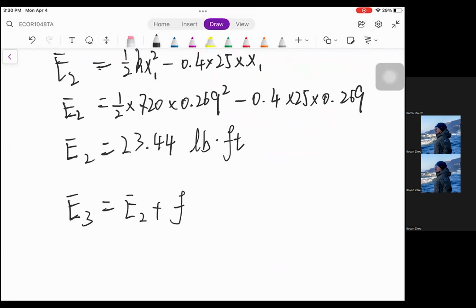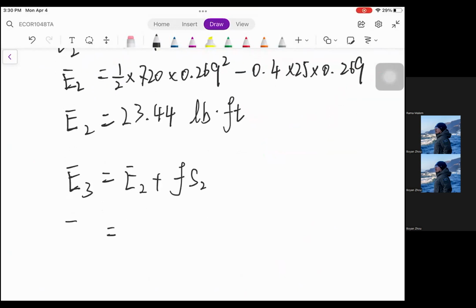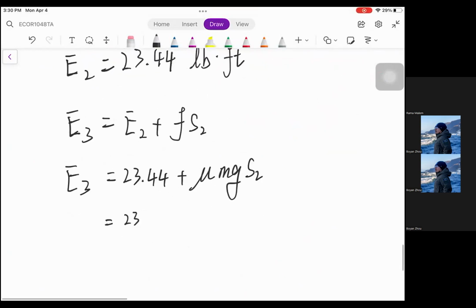So F S2, and that is equal to 44 plus mg S2, 0.4 times 25 times 2 feet.